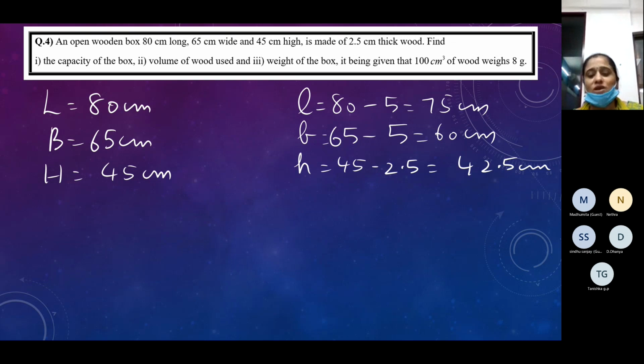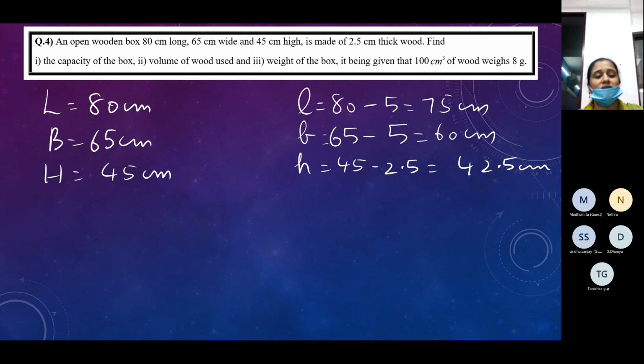Perfect, very good. Raja gave the correct answer. Yes, Madhumita, please continue. Ma'am, we should subtract the internal volume from the external volume. Correct. Very good. So the volume of the wood will be the external volume minus the internal volume.